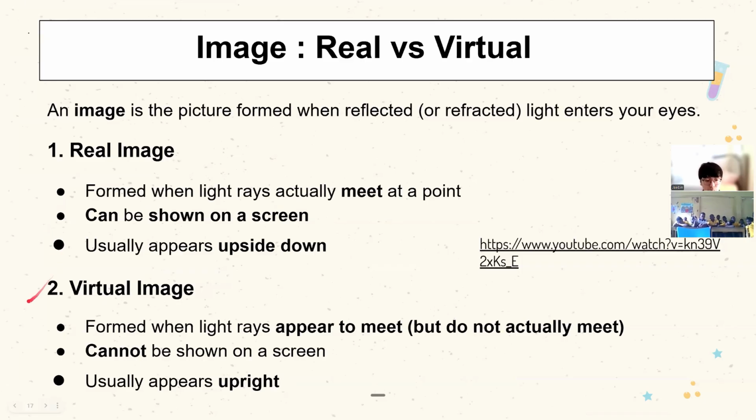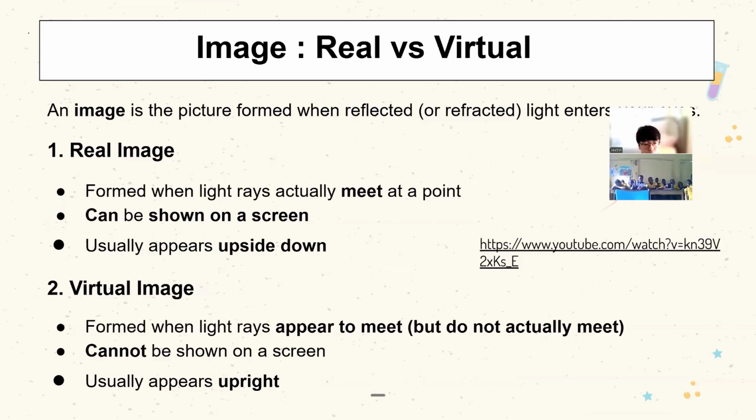On the other hand, we have virtual images. Virtual images are formed when light rays appear to meet at a point, but do not actually meet. So it's like an imaginary object standing in a way. And a virtual image cannot be shown on a screen.